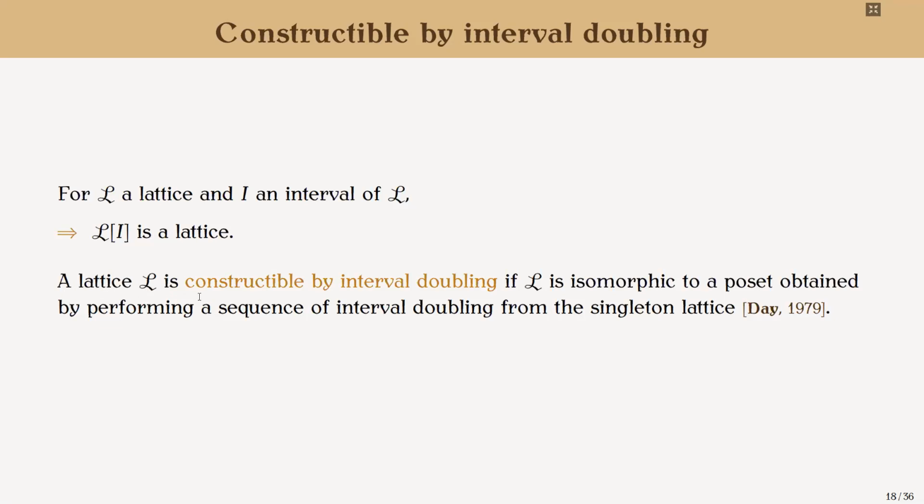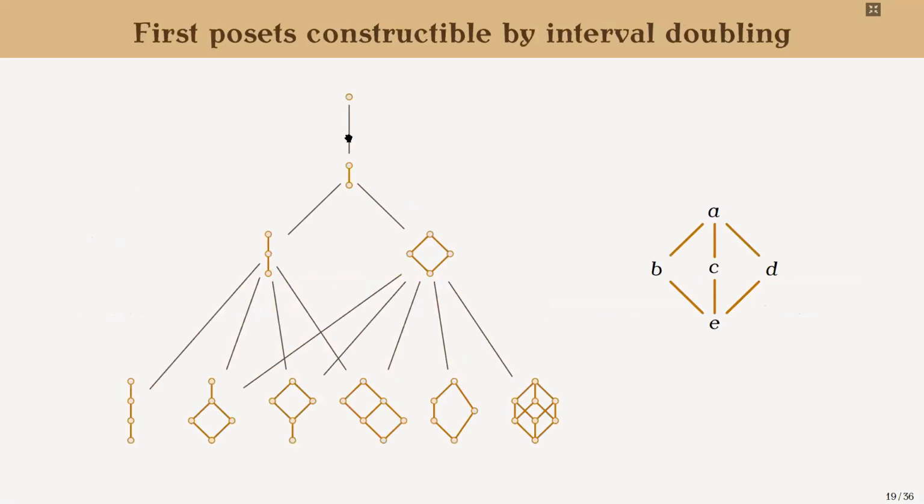And we say that a lattice is constructed by interval doubling if this lattice is isomorphic to a poset obtained by performing a sequence of interval doublings from the singleton lattice. The singleton lattice is simply this poset here.